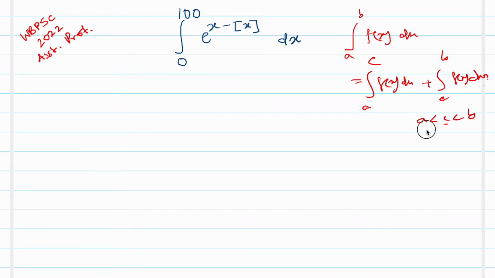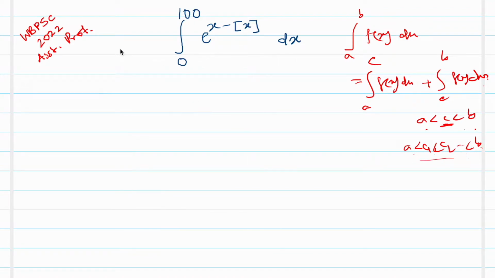So if c is in between a and b, then we can break it like this. Or this is also true even for more than one point. For example, a less than c1 less than c2 and so on less than b, then you can write all these integrations.